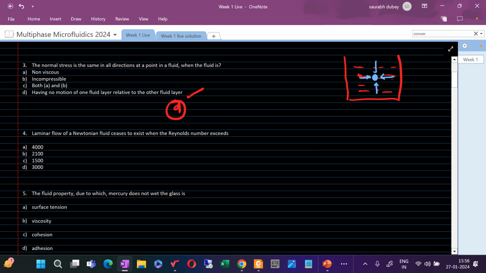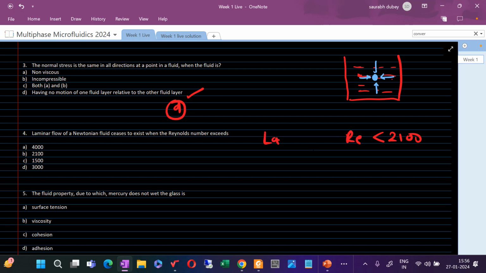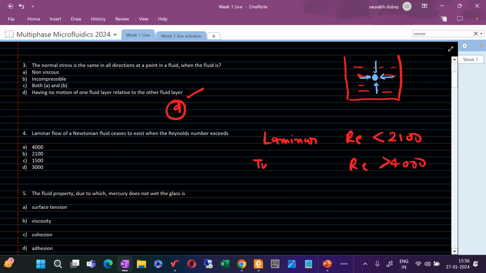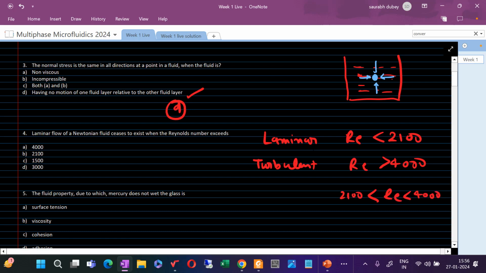Below 2100, it is laminar, so less than 2100 is laminar flow, and greater than 4000 is turbulent, and in between is the transition.